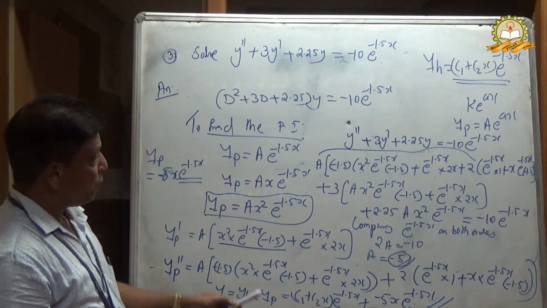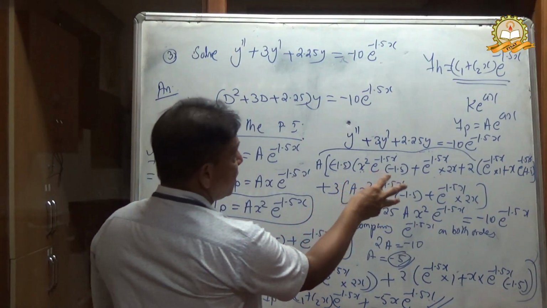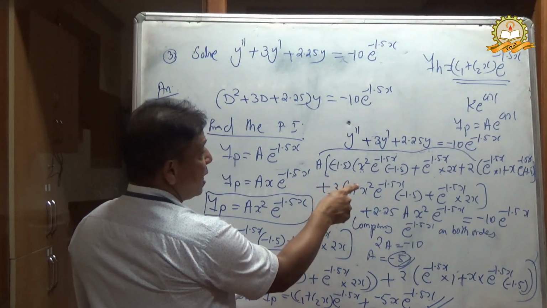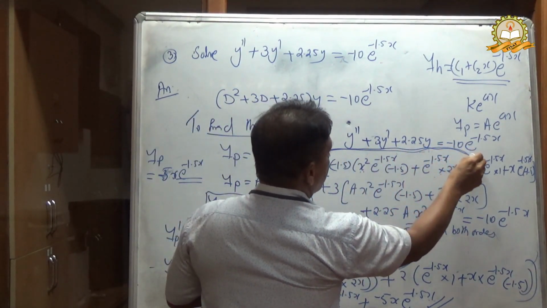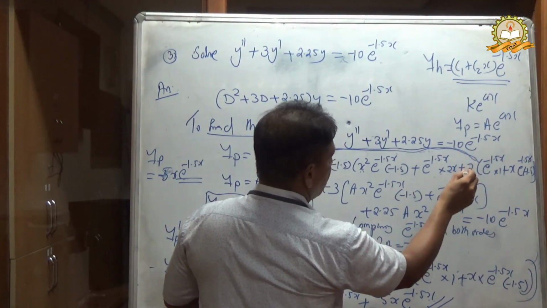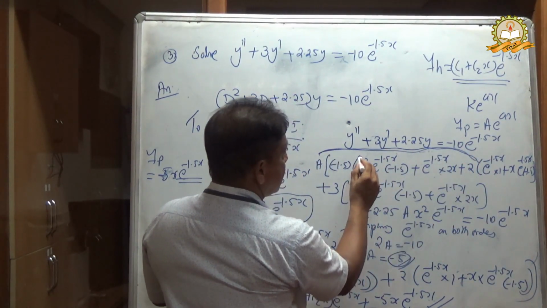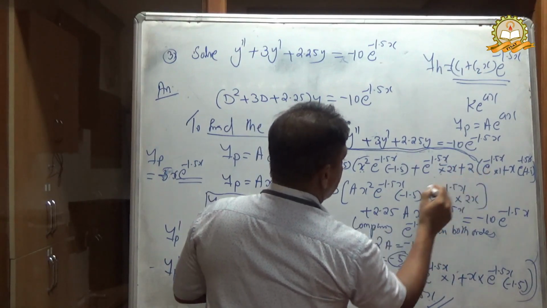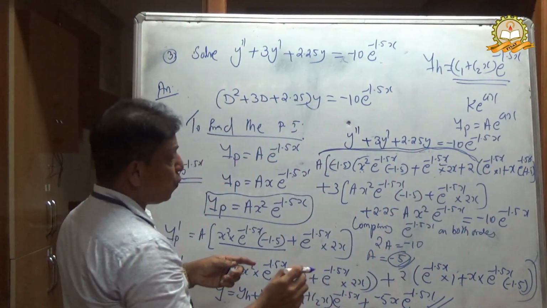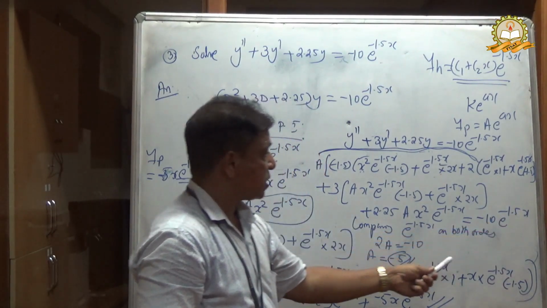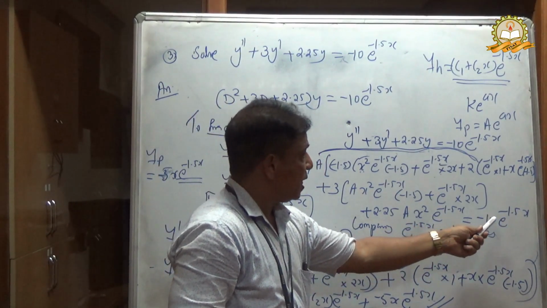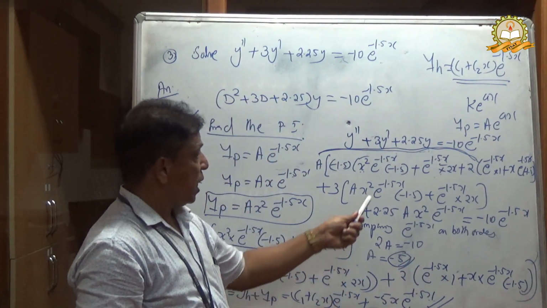That is the answer. Here the simplification is very easy, since there is only one term containing e^(-1.5x); all other terms contain x² or x. Therefore, we can easily compare e^(-1.5x).